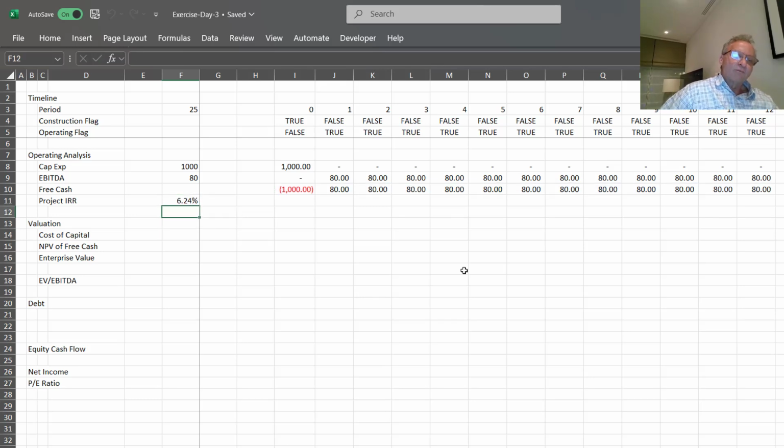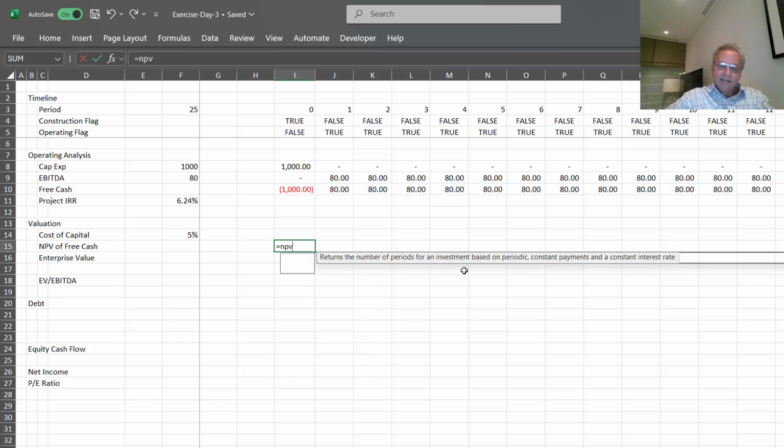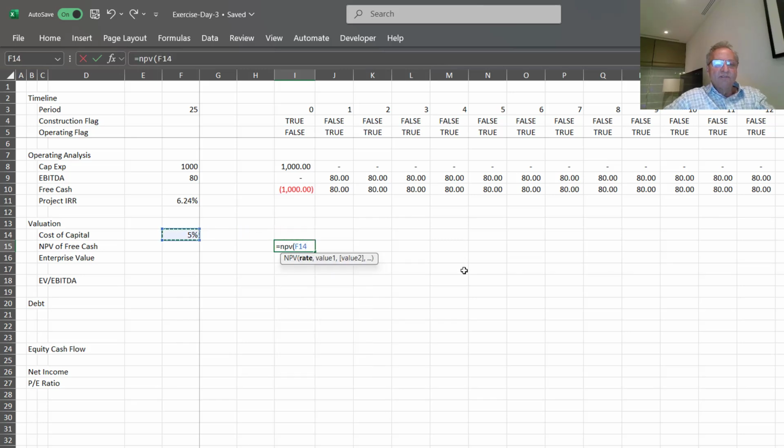Now let's say our cost of capital is 5%. Okay, and that means we can compute the NPV of our cash, and I don't know if we can do this. I suggest you do the same sort of thing and just see how far you can get. And we can't.